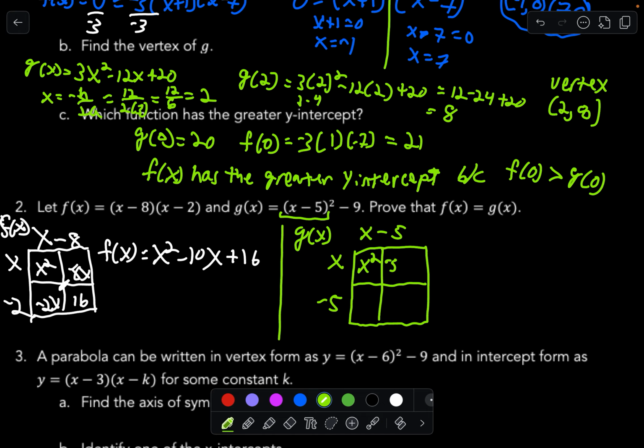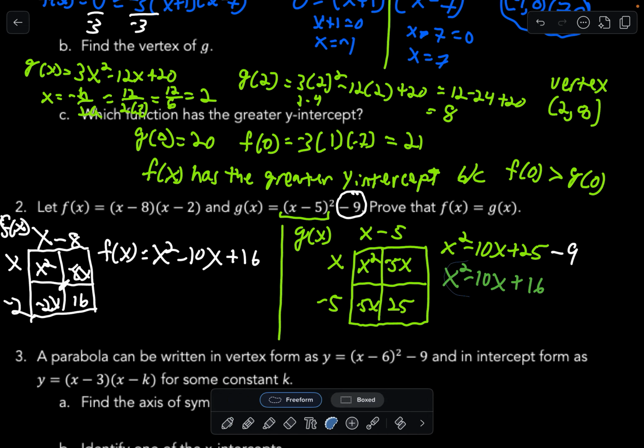This is x squared minus 5x minus 5x plus 25. Combining like terms, the x minus 5 squared is going to be x squared minus 10x plus 25. Now, don't forget, we are subtracting 9 from here. So it's 25 minus 9. So simplifying 25 minus 9, you end up with x squared minus 10x plus 16. And that is g of x.